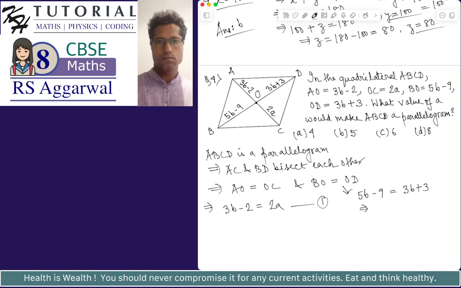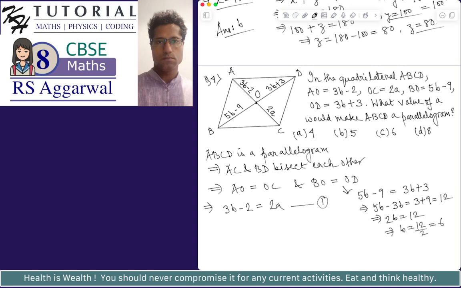This is a linear equation in one variable, that is B. We can solve for B easily. So we have 5B minus 3B is equal to 3 plus 9, which is equal to 12. So 2B is equal to 12. This implies B is equal to 12 by 2, which is equal to 6.